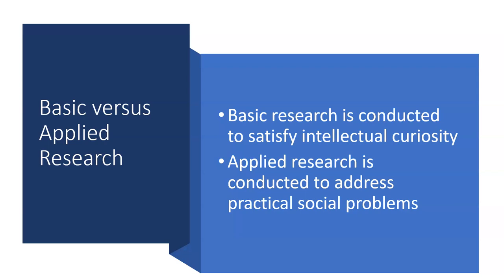Right? So basic research, the researcher just wants to answer the question and apply it to theory, advance the theory, whatever. Research in social psychology is often applied, though. Many social psychologists are really invested in figuring out the answers to critical problems like human aggression, prejudice, and so on.